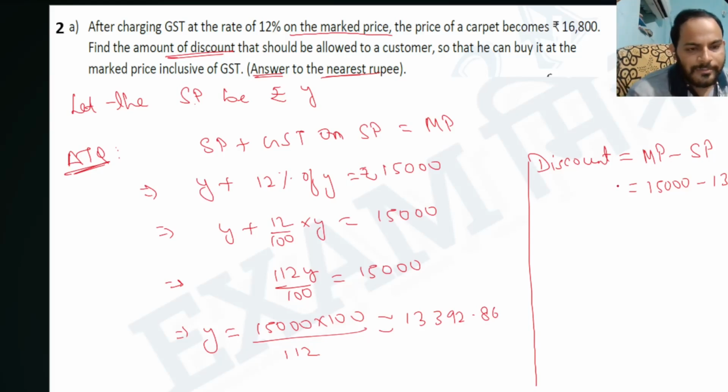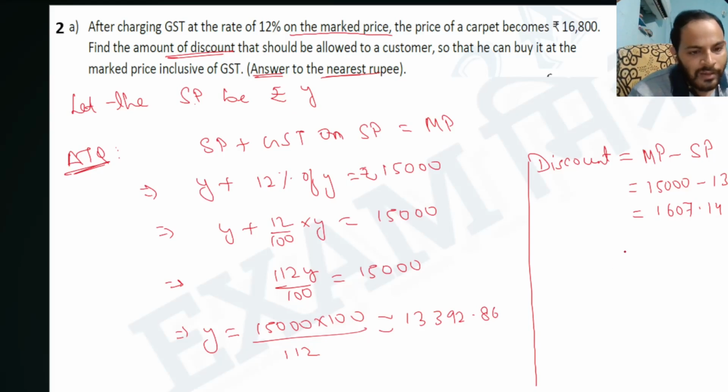So discount is marked price minus the selling price, that means 15,000 minus 13,392, and this will amount to approximately 1607.14. But again it is asking us to approximate, that means we need to provide the answer to the nearest rupee.